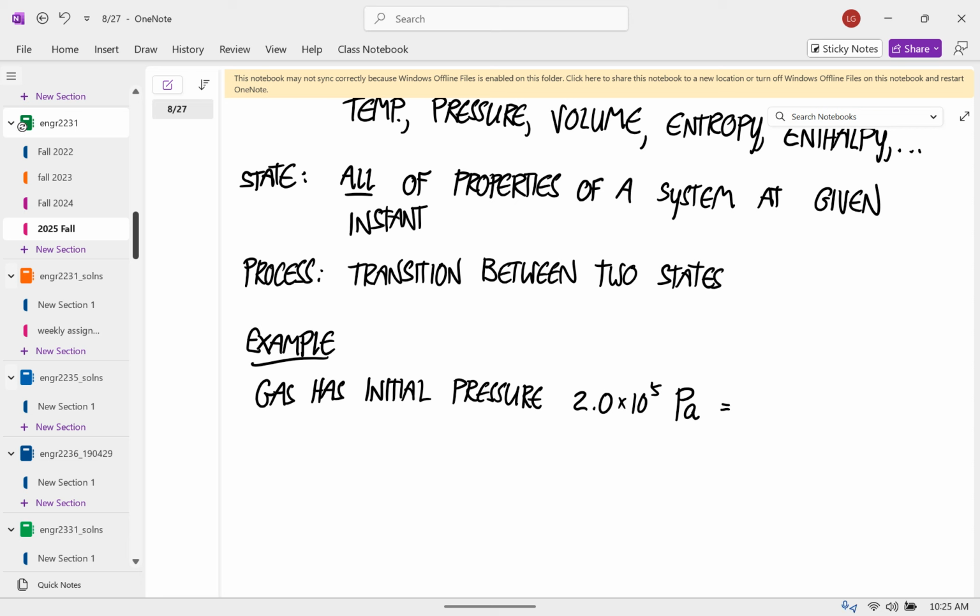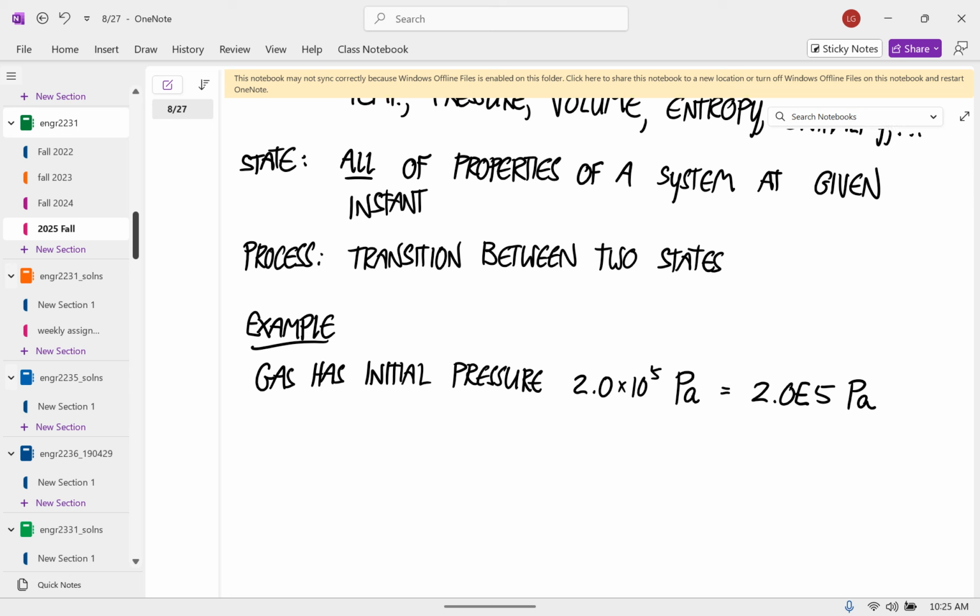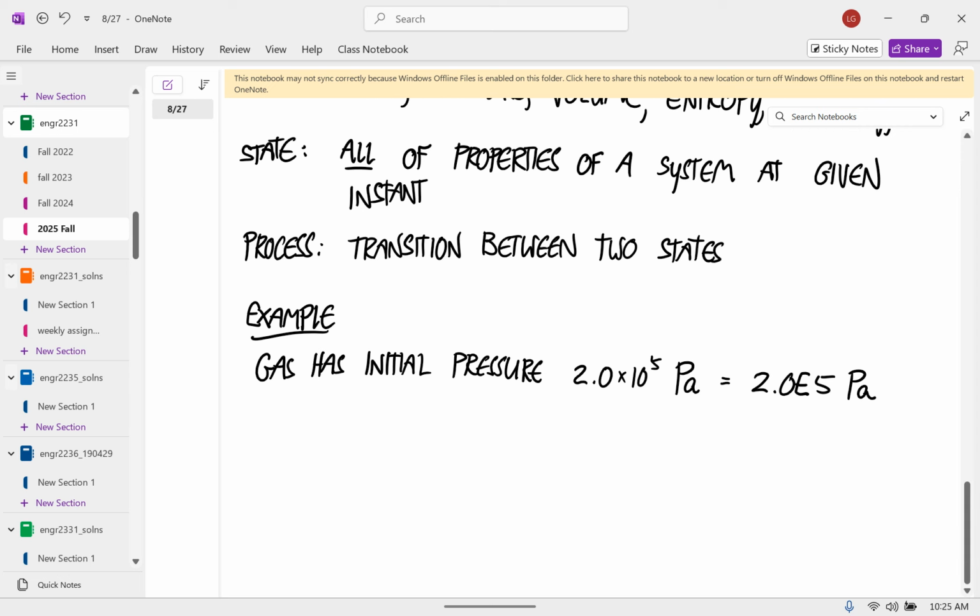That's how you enter it into a calculator. So I'll write this as 2.0 capital E 5 pascals. When you say this, don't say 2.0 times e to the 5, because that's a totally different thing. And if you say that too often to chemistry instructors, then they come complain to me. But I'll just call that 2.0 E5. That's how you enter it into a calculator.